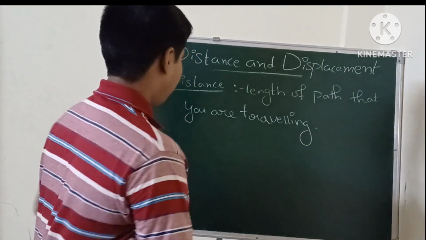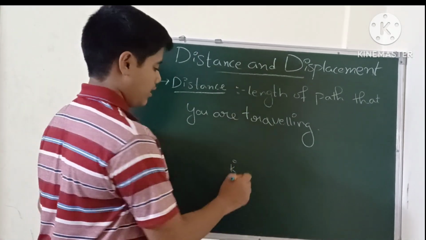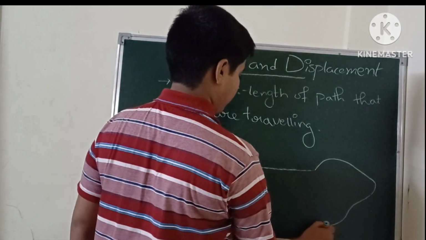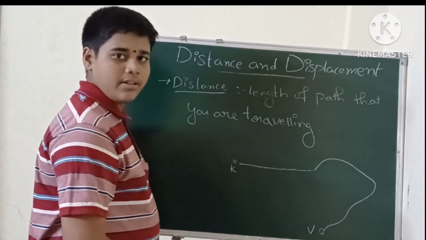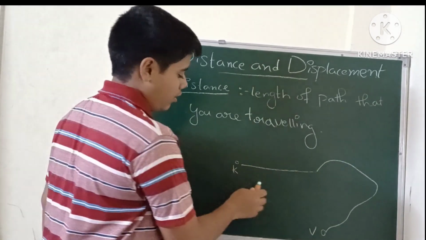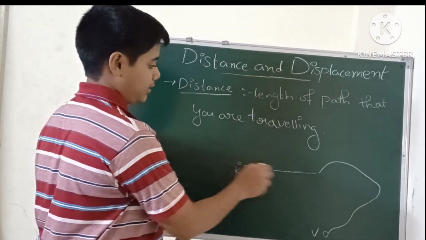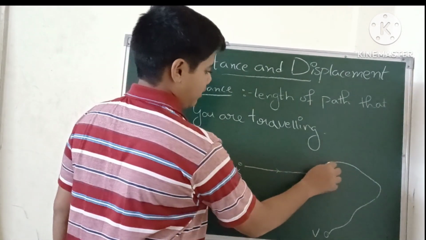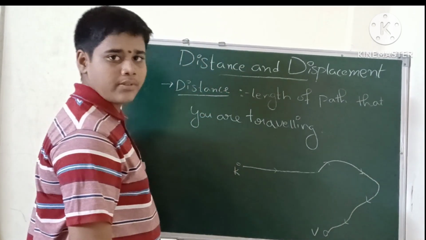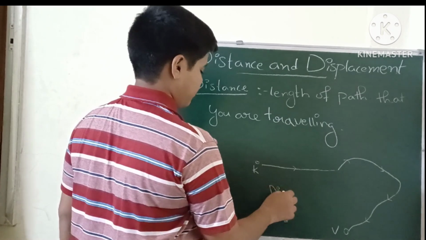For example, I am taking this as a point Kakinada, and this is one of the paths to go to Vijayawada. There is only one path to go from Kakinada to Vijayawada. So what is the length of the path means we have to add the total distance of this journey. That is called distance.